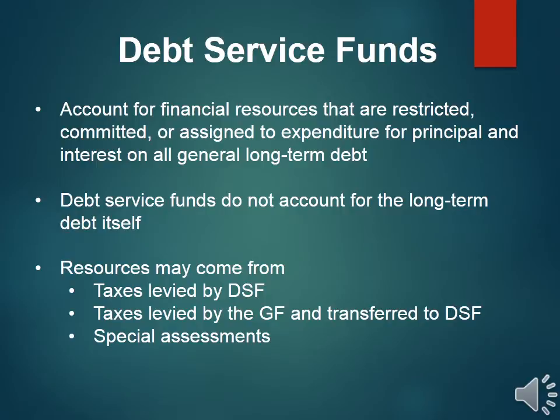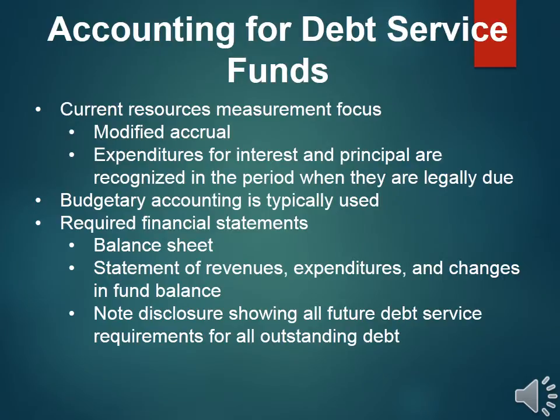Again, just to wrap up here, debt service funds have a current resources measurement focus and thus use the modified accrual basis of accounting. The expenditures and interest are only recognized in the period when they're legally due. So that means that there are no accruals made at the end of a period.